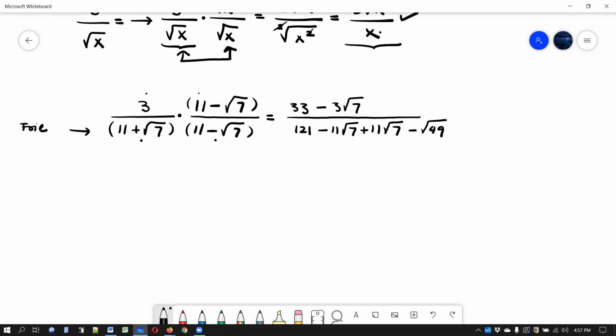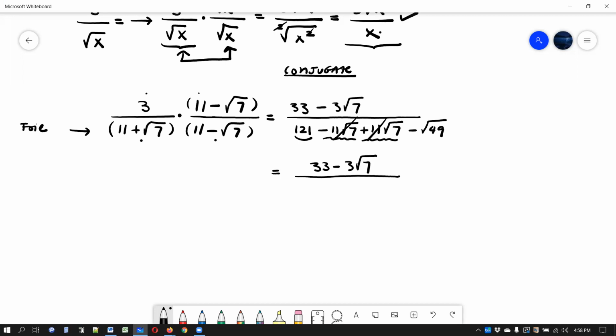The reason we use this technique of the conjugate is because of the following. Once you've multiplied by the conjugate, the two middle terms will always cancel. Always. This is always going to happen unless you made a mistake somewhere. So I have 33 numerator minus 3 radical 7.